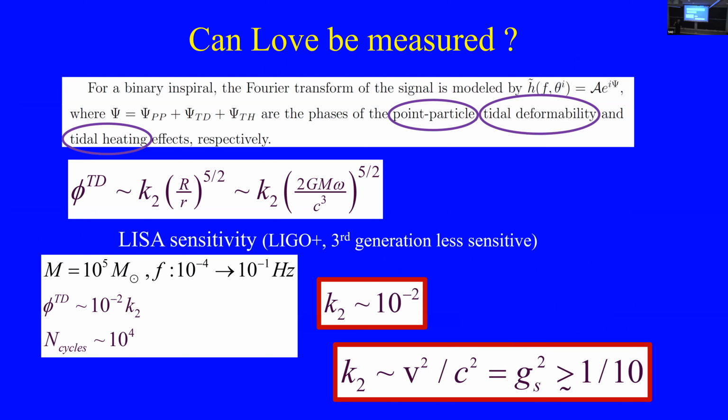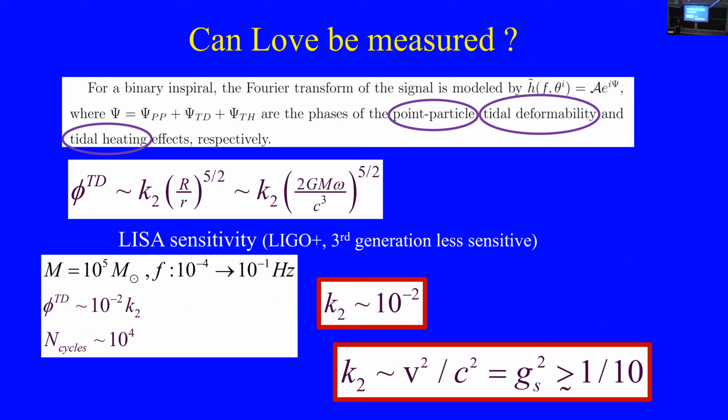As I said, the key element is that you need to transfer enough energy from the orbit to the internal modes. And to do that, because the amount that is transferred in each orbit is very small, you have to have many orbits.